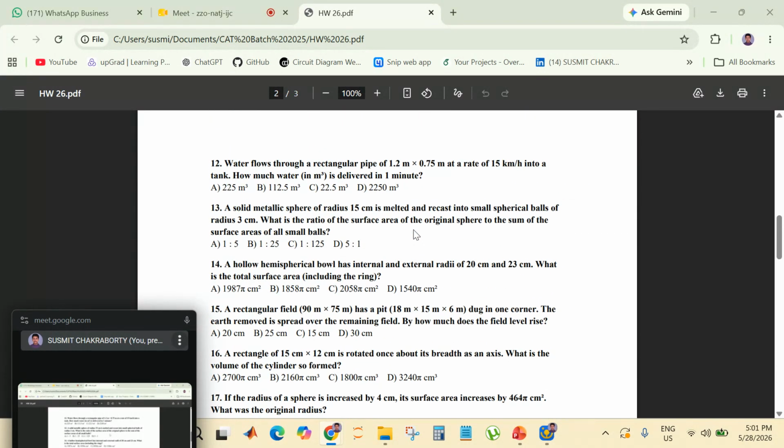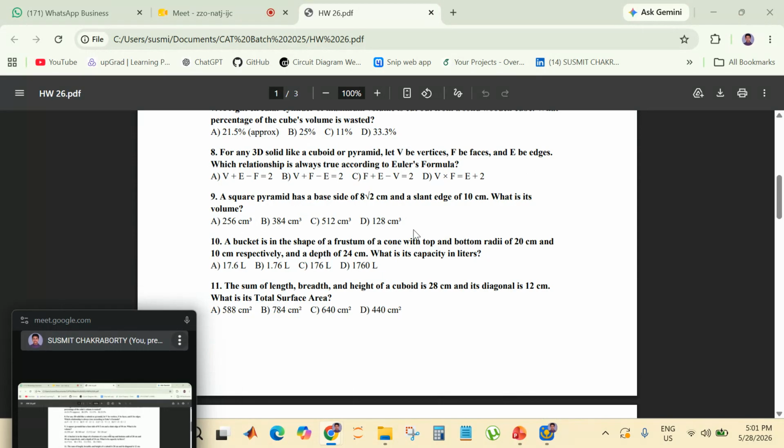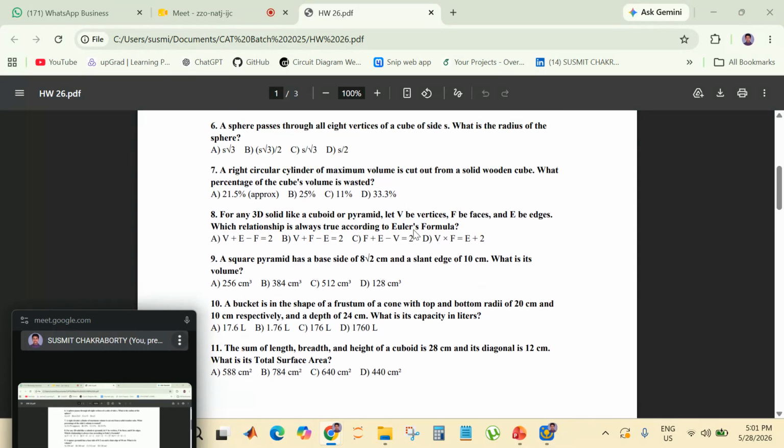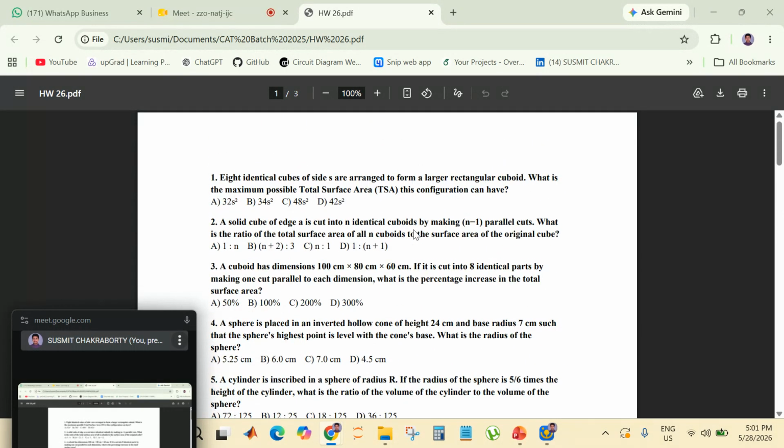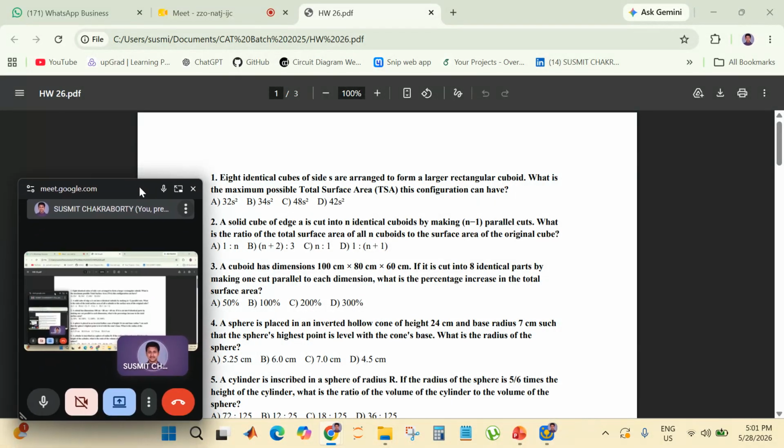Otherwise, I plan to start the last chapter of quantitative aptitude today, that is mixture and alligation. After today, we will complete the complete syllabus of numeric quantitative aptitude for any competitive exam.